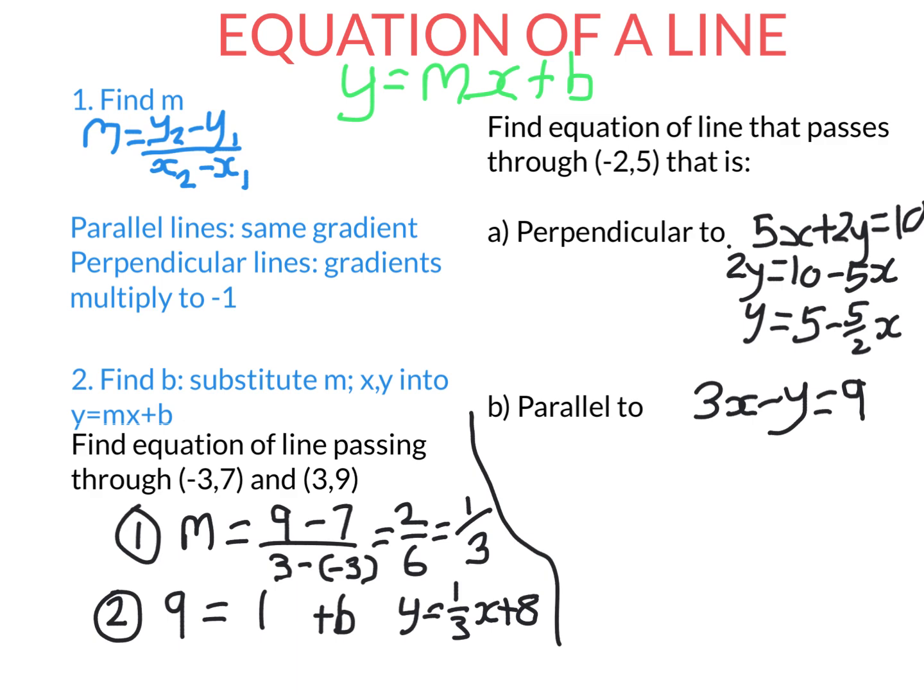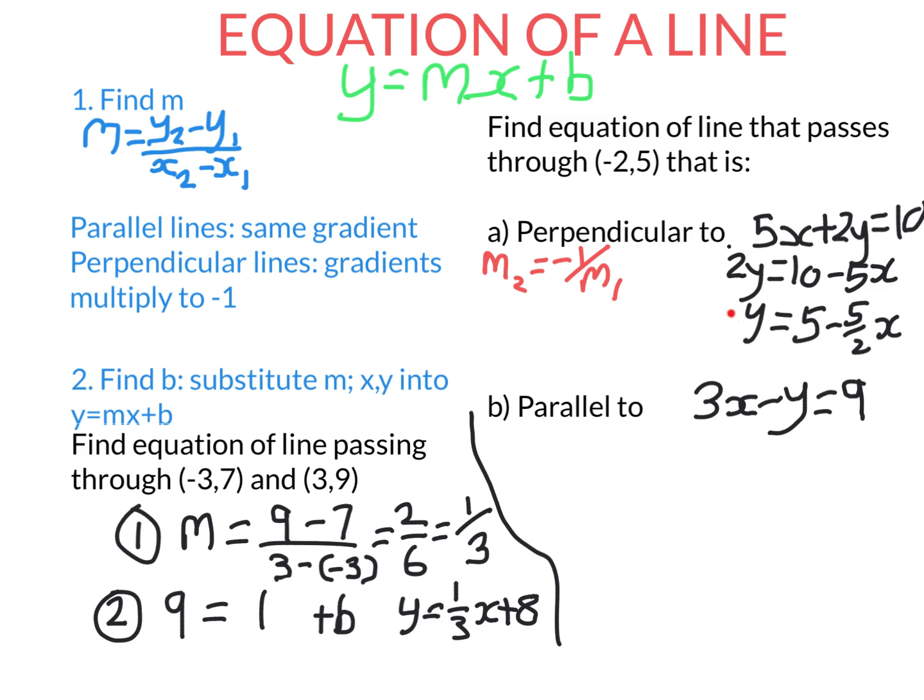The gradient of any line that's perpendicular must be a number so that when you multiply it by -5/2, you get an answer of -1. The quick way of doing that is that the gradient of the second line must be -1 over the gradient of the first line. This is true when and only when the lines are perpendicular.